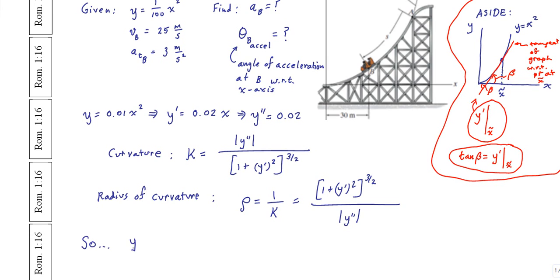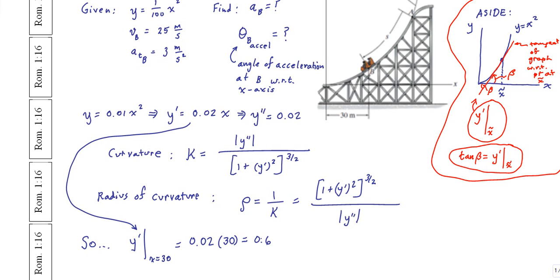Okay, so y prime evaluated at that special point where x is equal to 30 meters is actually very simple to do. Well, we know what y prime is. We figured that out here. So if I put that in here, I'm going to get 0.02 times 30 meters, and that's going to be 0.6, right?